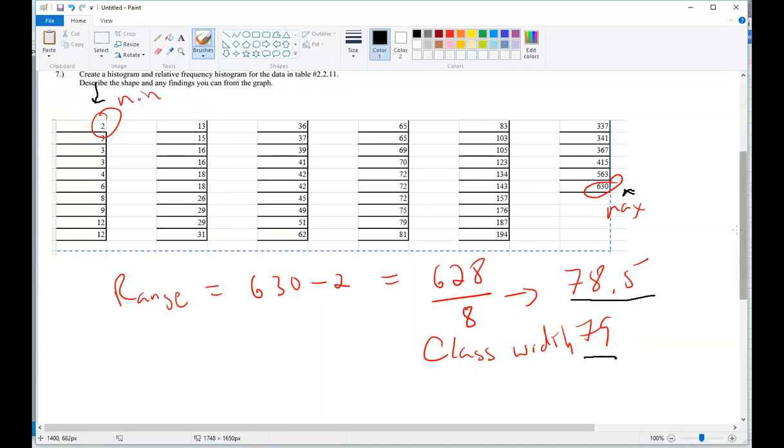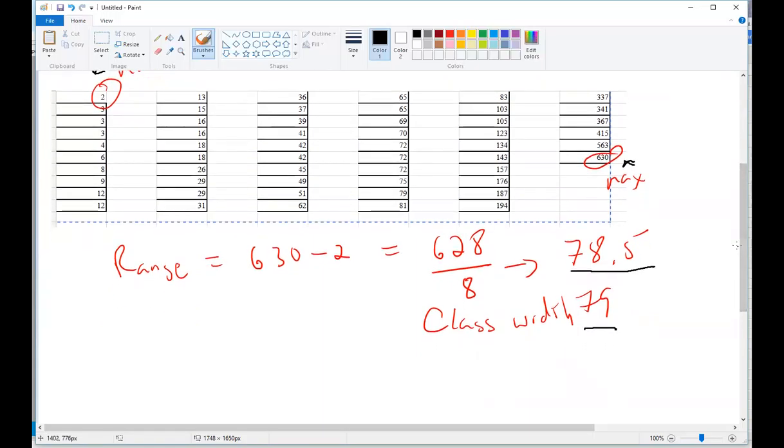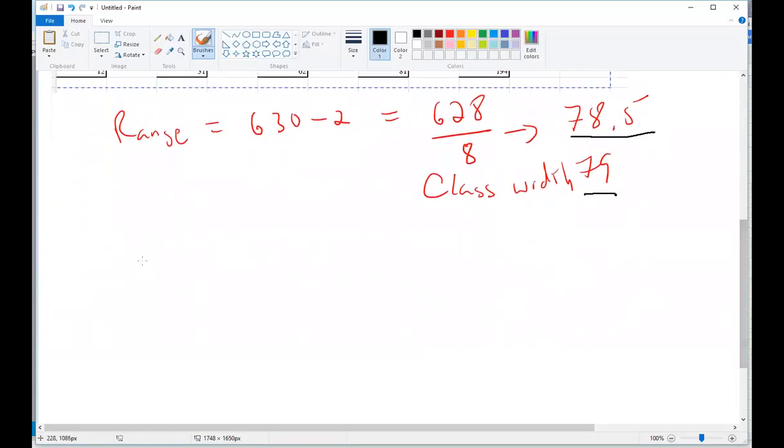So what does that do for us? Well, to set up my frequency table, I'm going to start with my bounds. I think they call it this in that book. Anyway, it's the upper and lower limit for each class, or each bin if you use Excel language. The lowest number was 2, and we're going to make this 79 wide.